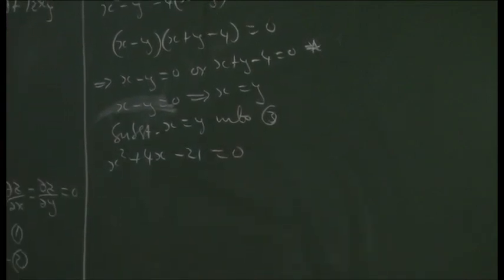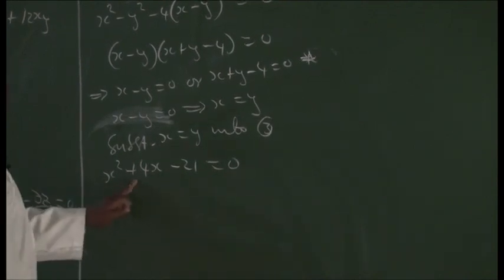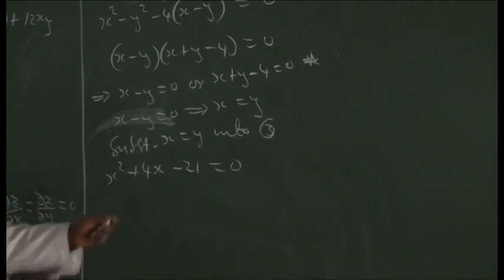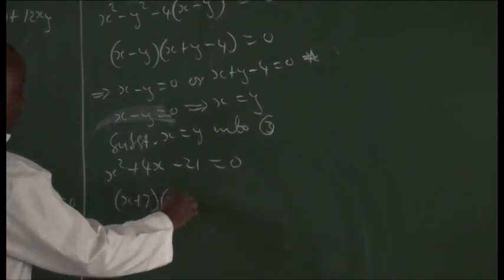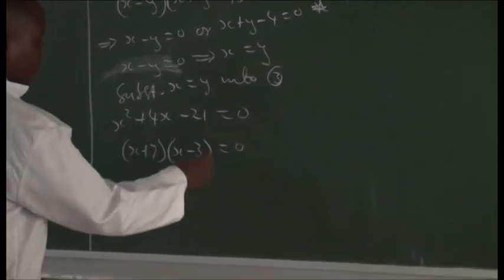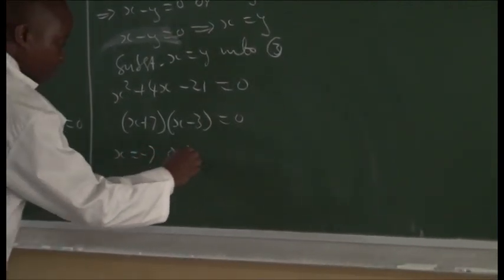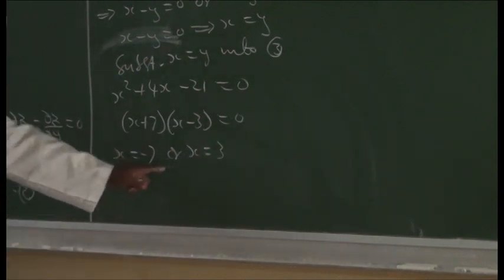This is a quadratic, which by factorization, 7 minus 3 gives me 4, and 7 times minus 3 gives me minus 21. So that gives x plus 7, x minus 3 equals 0, meaning x equals minus 7 or x equals 3.